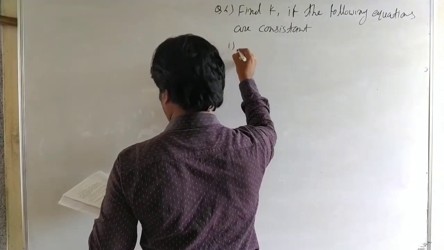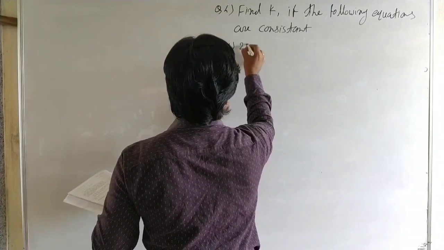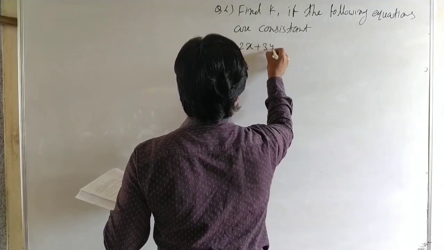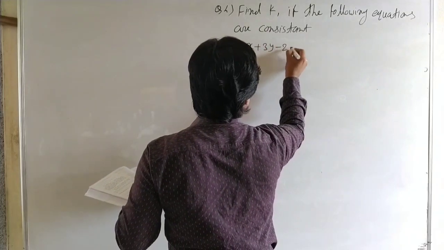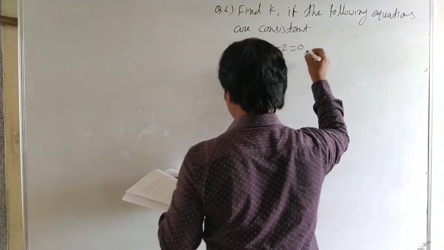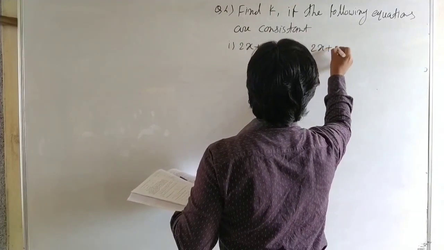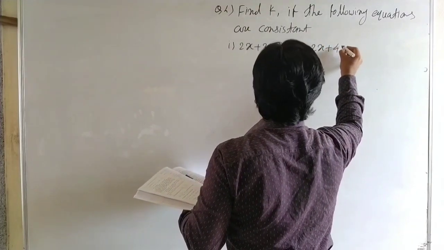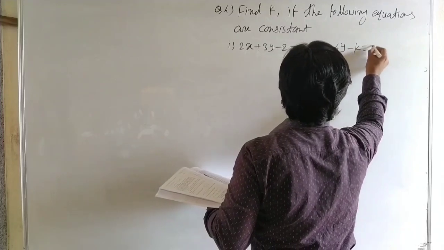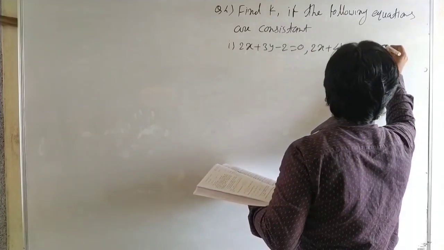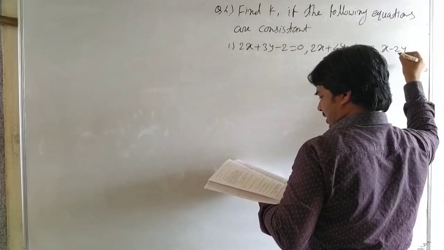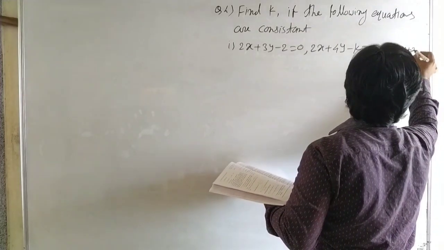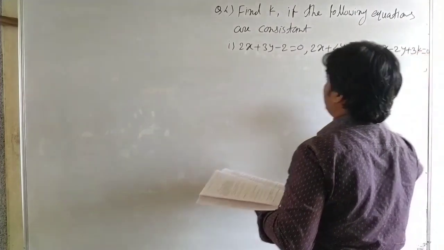First example: 2x plus 3y minus 2 is equal to 0, 2x plus 4y minus k is equal to 0, and x minus 2y plus 3k is equal to 0. It is the first example.